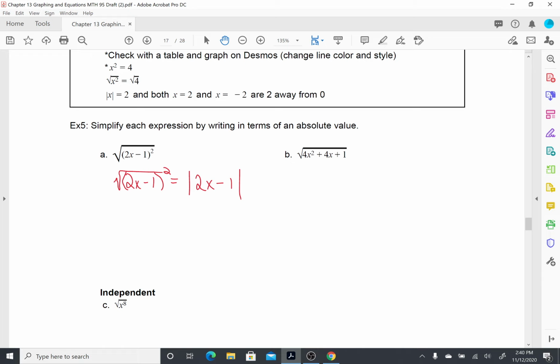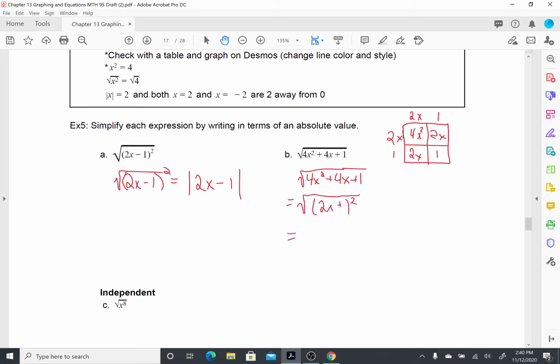With b, you might have to think about what factors you want to work with. Chances are there's a square hiding in there somewhere. 2x and 1, maybe. Yep, so this could be rewritten as 2x plus 1 squared, or the absolute value of 2x plus 1. All right, you'll try the third one.